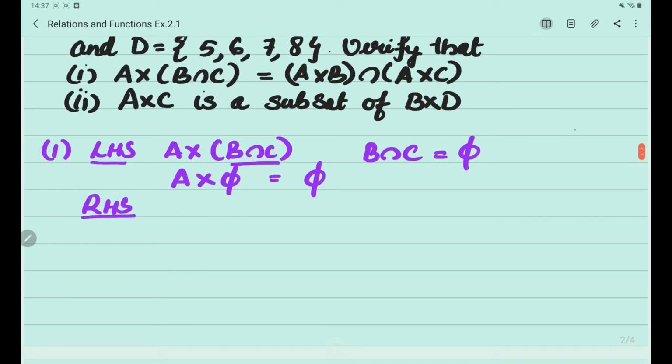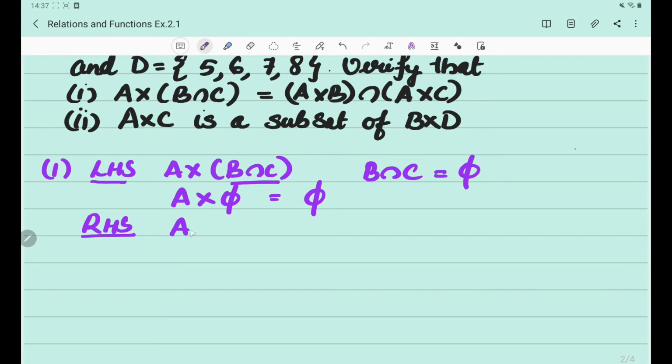The RHS is given as (A cross B) intersection (A cross C). So let's find what A cross B is. A cross B is the set of all ordered pairs, right?